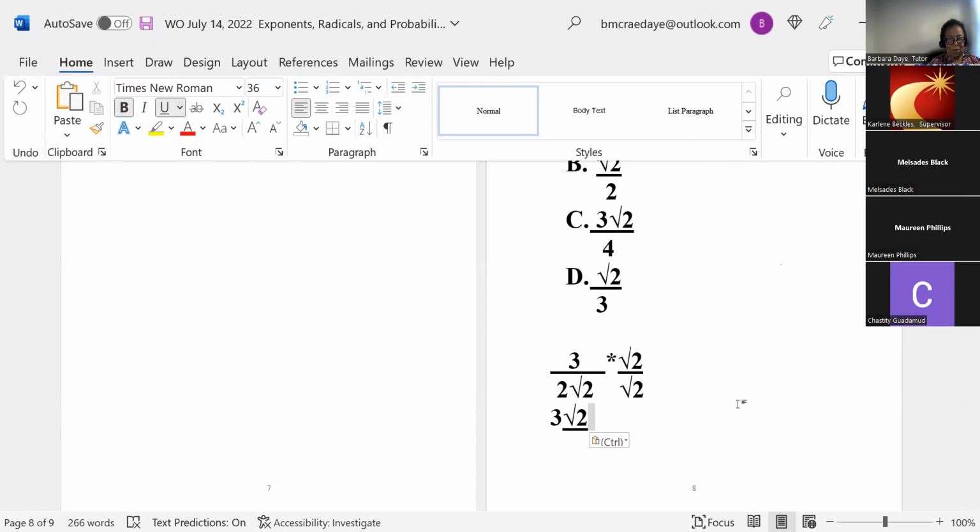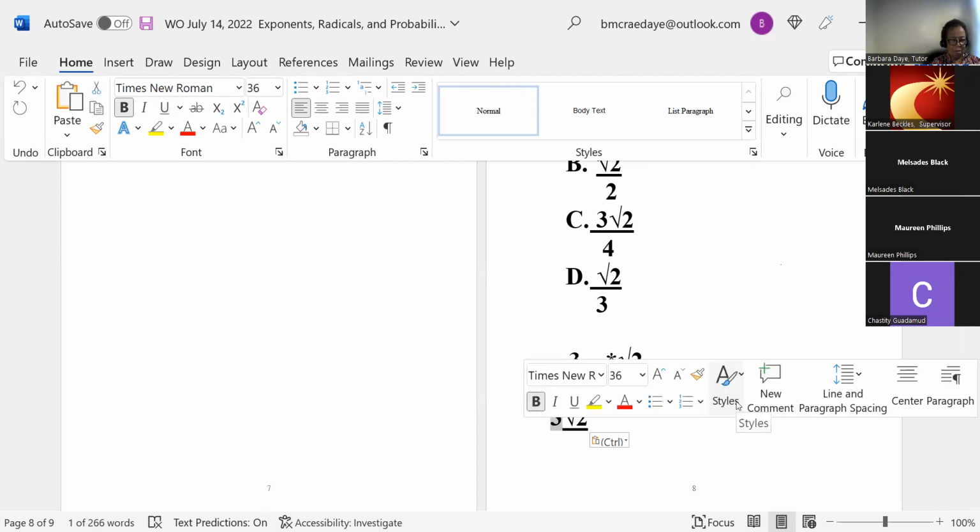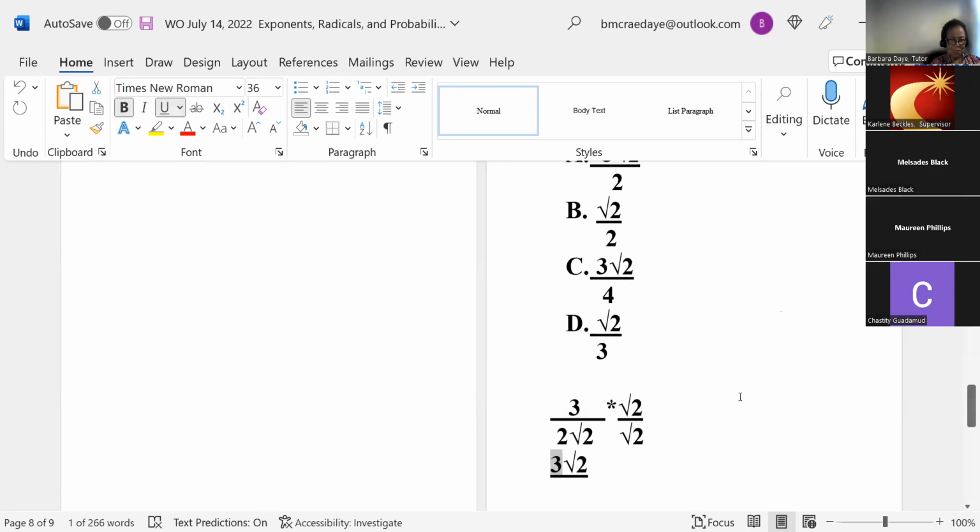Now, square root of 2 times the square root of 2 is what, Maureen? No, 2. I just get the radical. Square root of 2 times square root of 2 is 2. Remember, I said a radical times itself just gives the radicand.